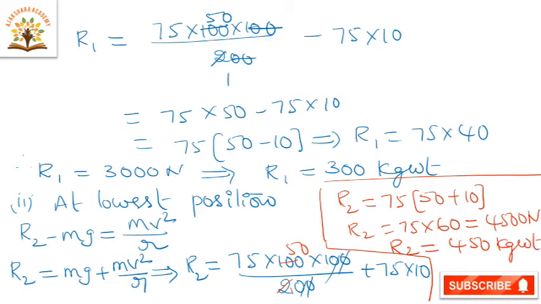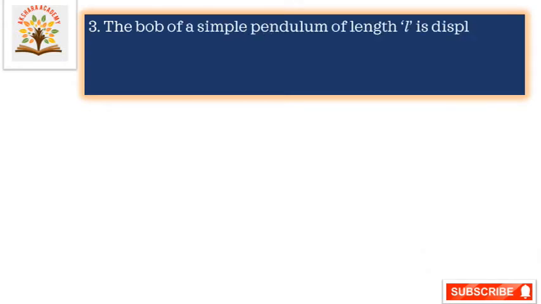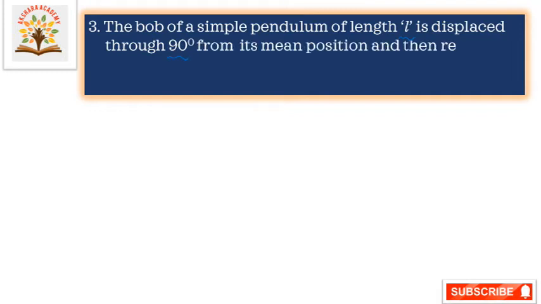R1 is equal to 300 kilogram weight, and R2 is equal to 450 kilogram weight. Okay. Next we will go to the next question. The bob of a simple pendulum of length L is displaced through 90 degrees from its mean position and then released.